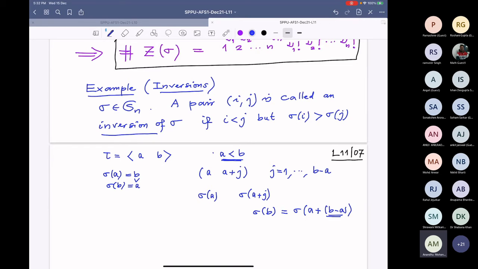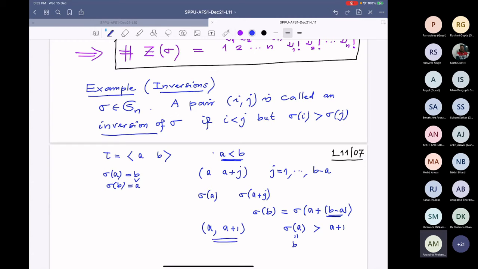Similarly, for all the other earlier ones, for example a and a plus 1, you have to compare sigma a and sigma of a plus 1. Since I am assuming b minus a is bigger, sigma of a plus 1 is just a plus 1, and sigma a is b, and b is still bigger.